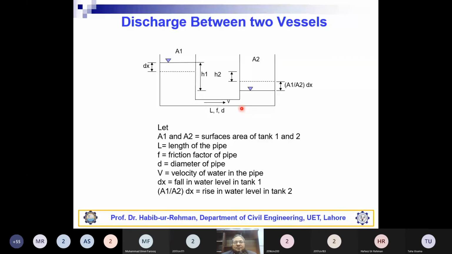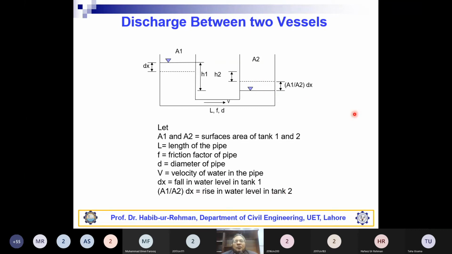Okay, in the pipe. Let A1 and A2 be the surface areas of tank 1 and tank 2, and L the length of the pipe, f the friction factor of the pipe, small d the diameter of the pipe, and capital V the velocity of water in the pipe. dx is the fall in water level in tank 1, and A1 over A2 into dx is the rise of water level in tank 2.